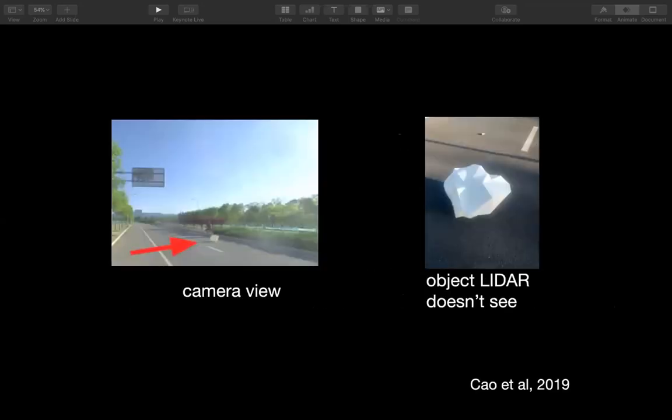So for instance, here's work with LiDAR sensors for autonomous vehicles, self-driving cars. This is a paper that I enjoyed that crafted an adversarial object. That object in white has a particularly crafted shape that was crafted to fool a LiDAR-based classifier.